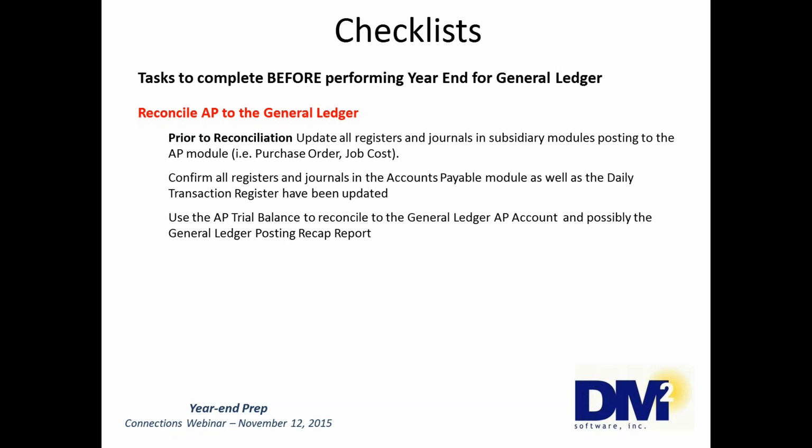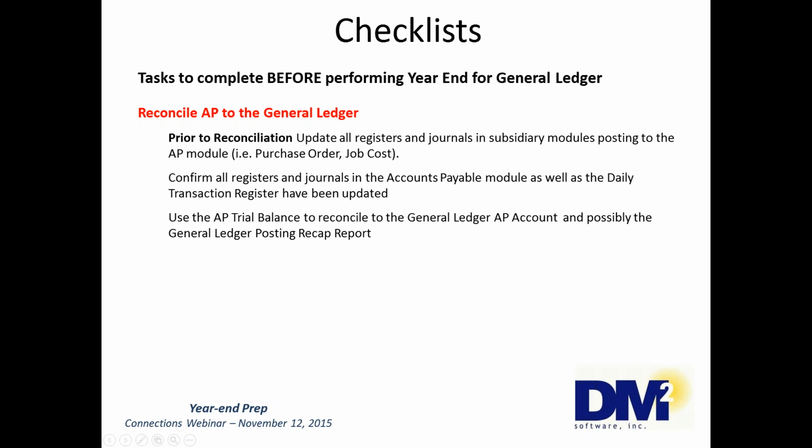But the aging looks at the invoice date. The AP trial balance looks at the transaction date. And that transaction date is what updates into GL. So the AP trial balance is the one you want to look at to tie to your AP general ledger control account.